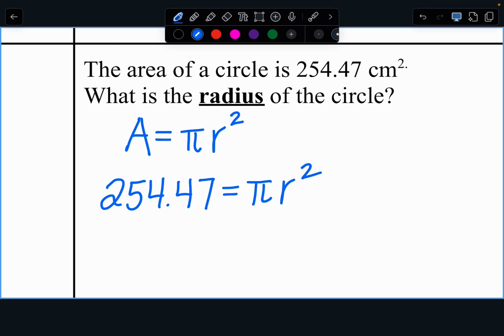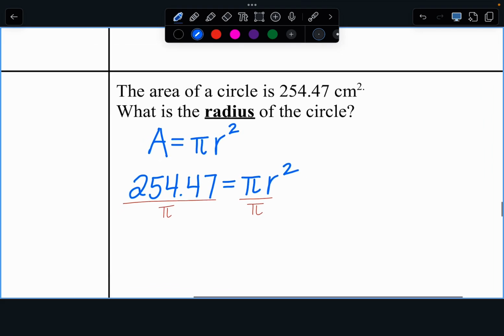To get r squared by itself, we have to get rid of pi. So we can divide by pi on both sides. When we do that, 254.47 divided by pi gives us 81, and that's equal to r squared.